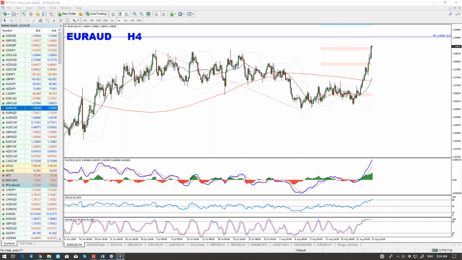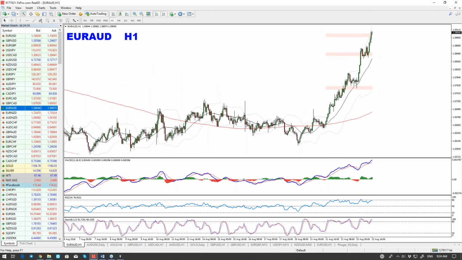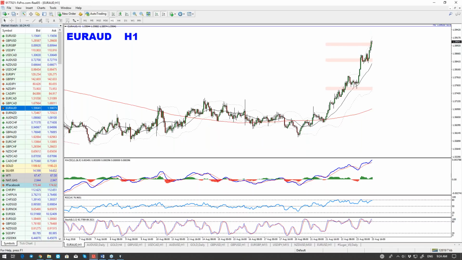The 1 hour, not yet even close, because we have the rally. We never got any two candles rule applied here. Therefore, the euro OZ on the short term is still bullish. Every drop is still a buy.